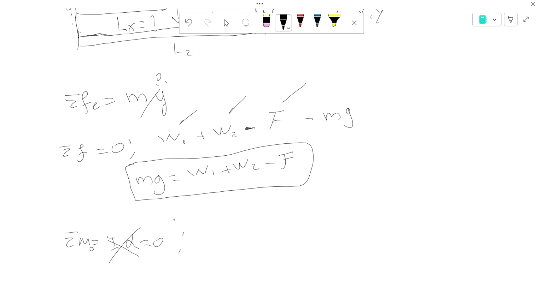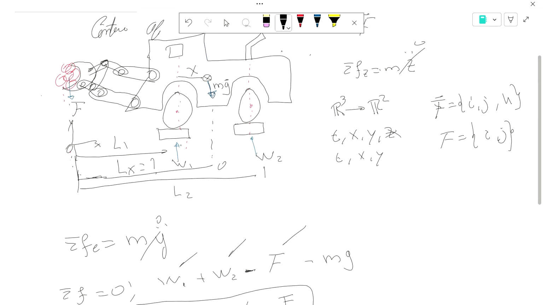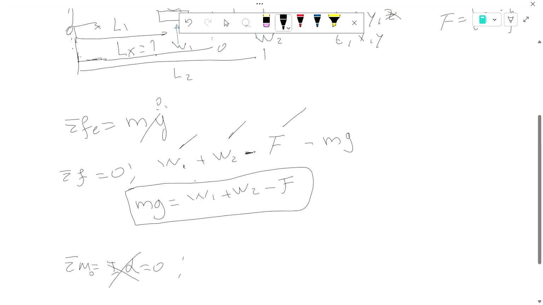If you remember statics, this force is right across the origin, so it doesn't count. But these two forces do count. We're going to say that counterclockwise is positive.